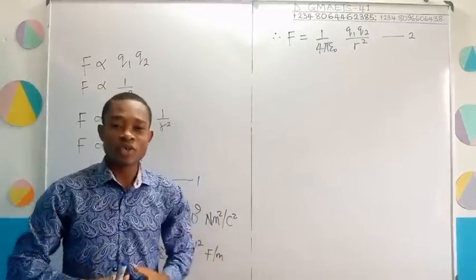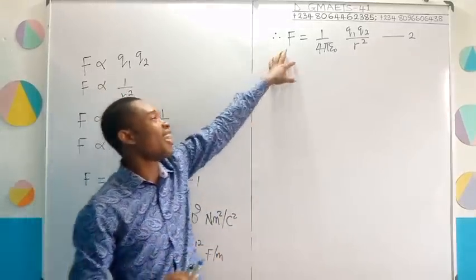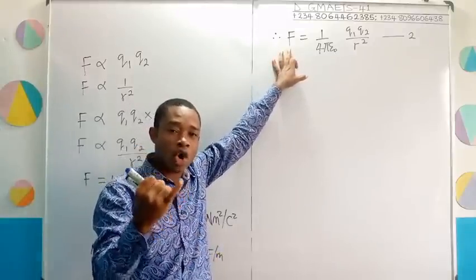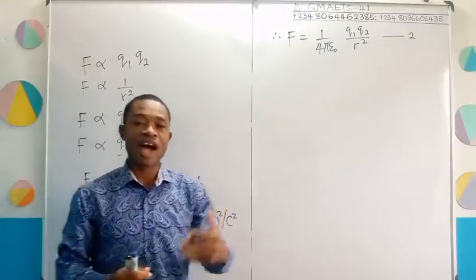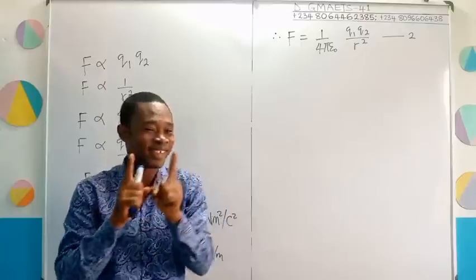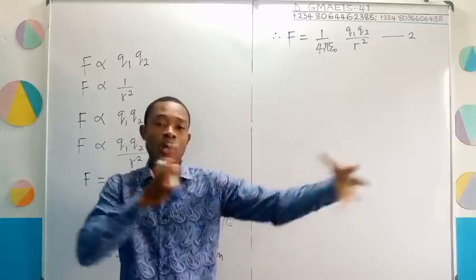At this point, we are done with Coulomb's law of electricity. This is an electrostatic force of either attraction or repulsion. Remember, if you're dealing with electric field, that force that exists there is either a force of attraction or a force of repulsion. Because according to the law of charges, like charges will do what? Repel.